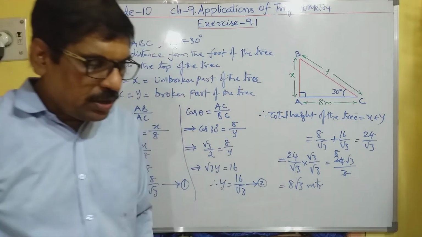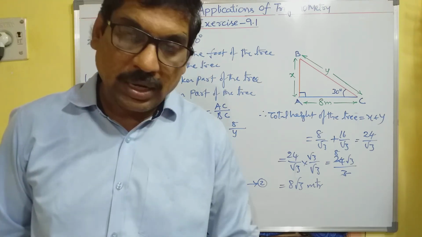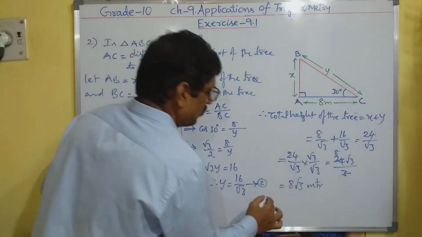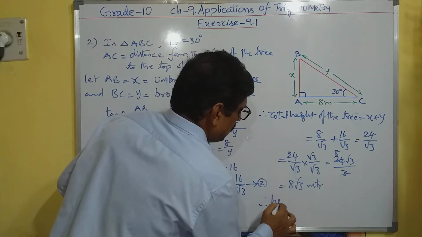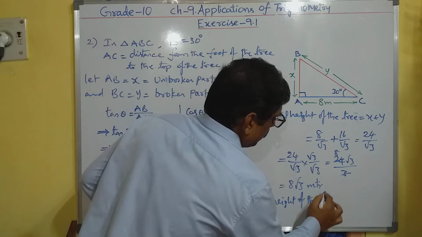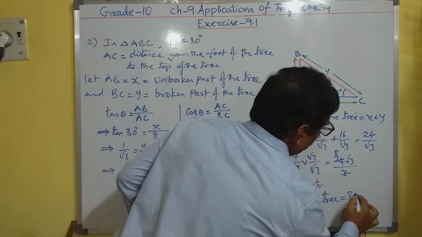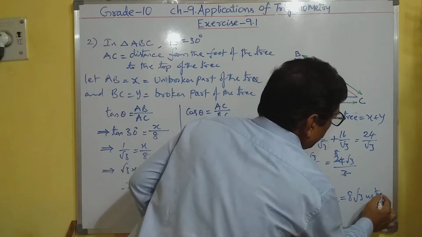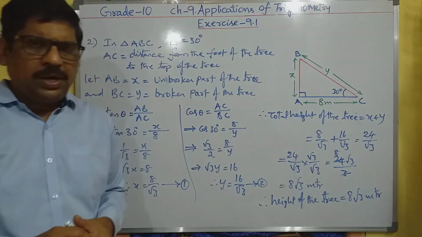As the value of root 3 has not been given in the question, we don't need to substitute and simplify. You can leave it like this. Therefore, height of the tree is equal to 8 root 3 meters. Okay? Did you understand?